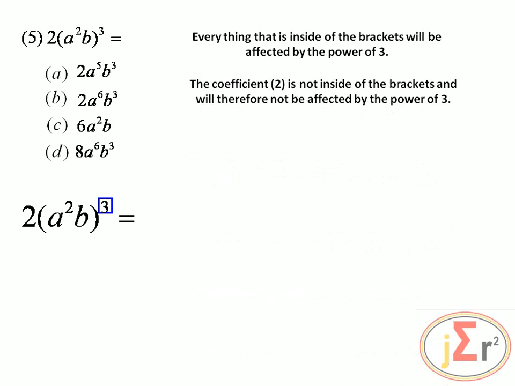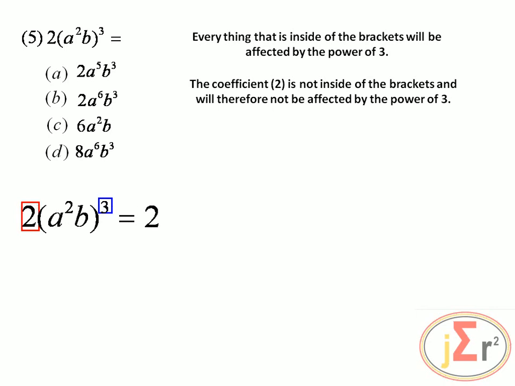The coefficient, which is of course 2, is not inside of the brackets and will therefore not be affected by the power of 3. It is going to be inside of the answer just as it is.